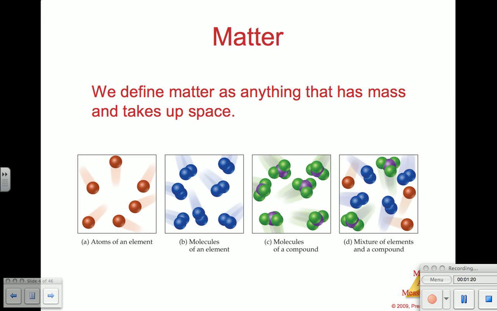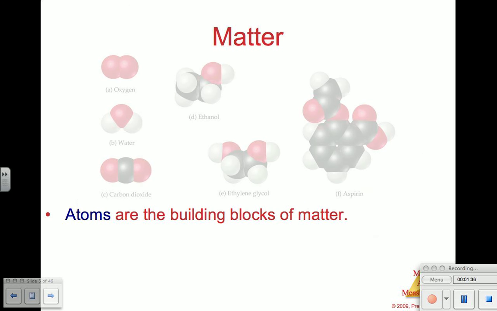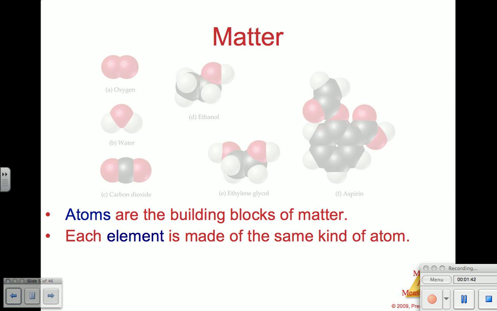And then you've got molecules, which are combinations of single elements, and you can have molecules of a compound, which is made up of multiple elements bonded together, and then you can have a mixture of elements and compounds. And really, atoms are the fundamental building blocks of matter. They're the smallest whole items, and each element is made up of just the same atoms.